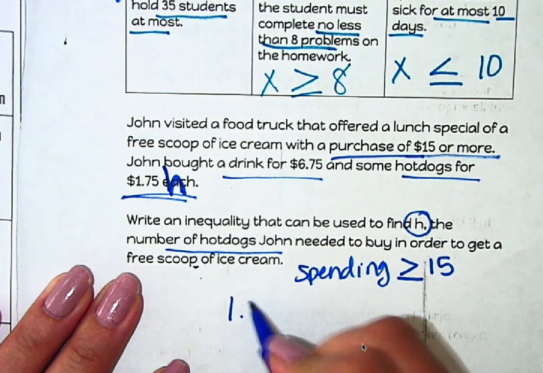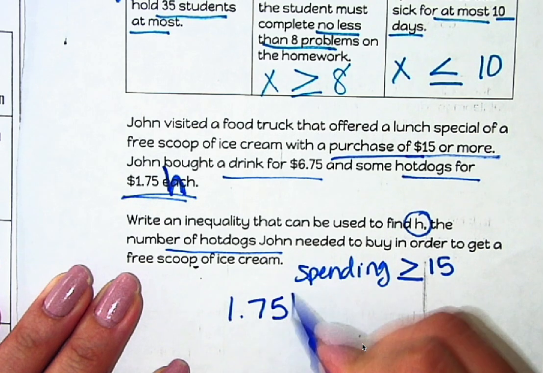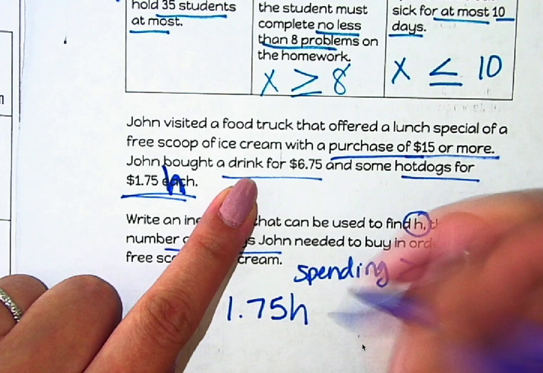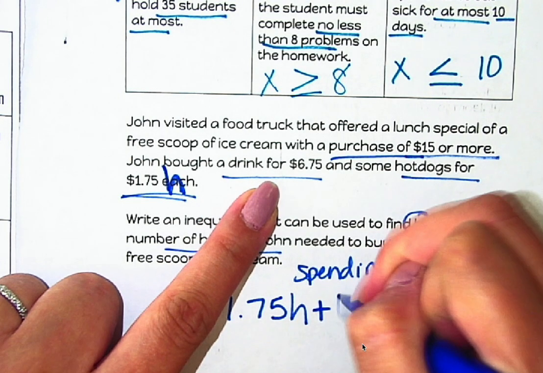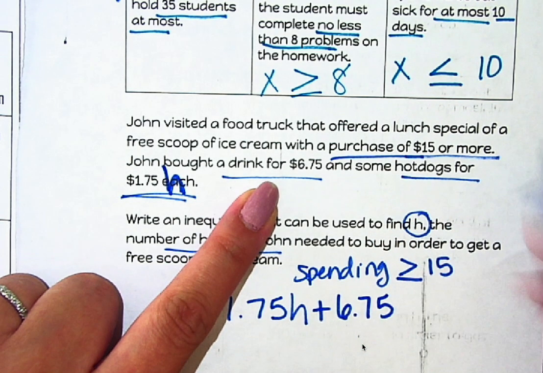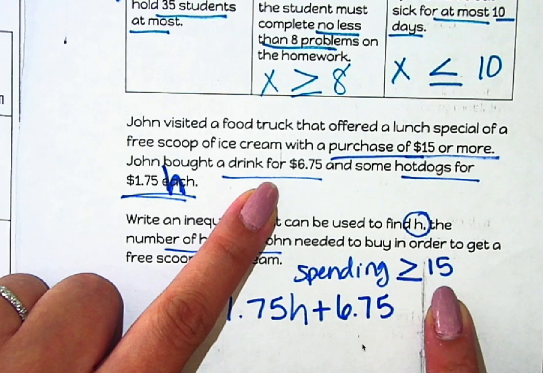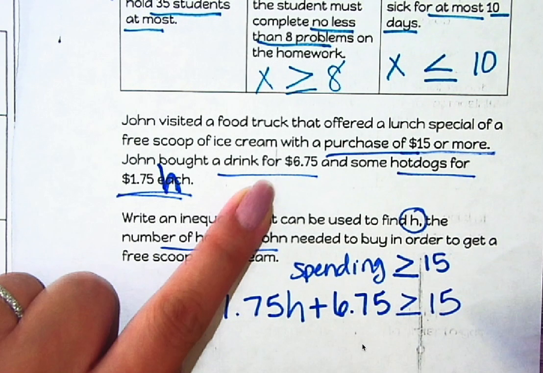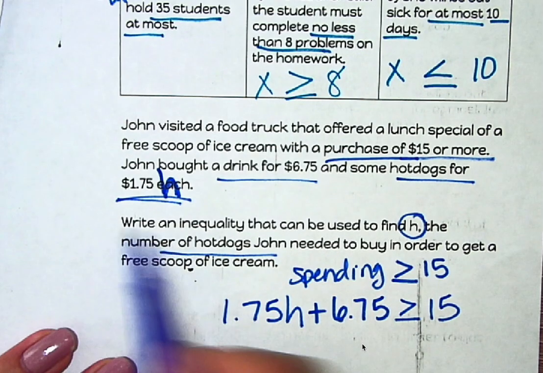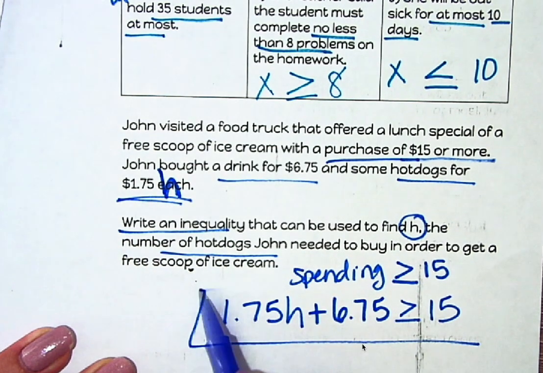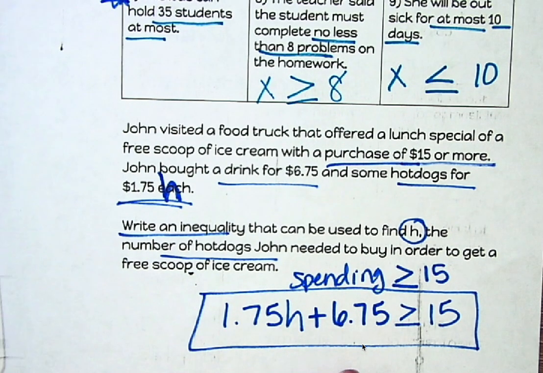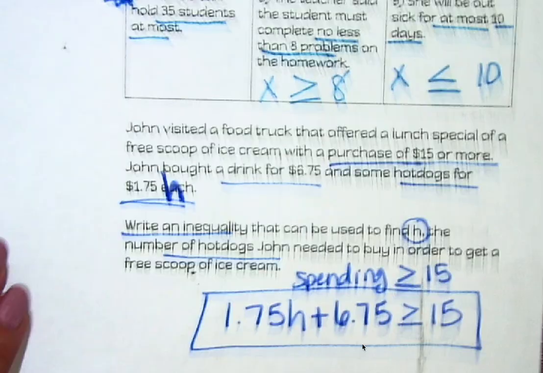I have $1.75 H. That drink that he bought, we're going to add it to $6.75, and then we have our total here, which has to be greater than or equal to $15. We just wrote our inequality, and that's it. Okay. If I went too fast, just pause the video and make sure you have all this information. Turn over on the back.